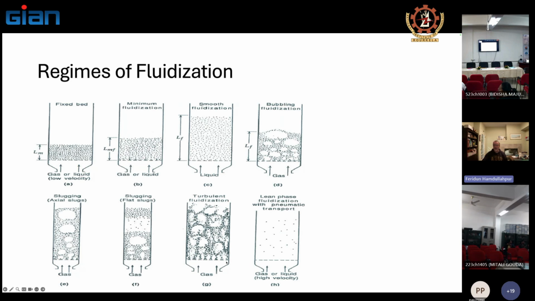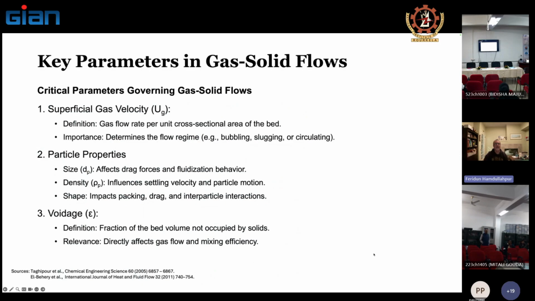Again, we can use both gas and liquid will also help transport particles. So those are the 1, 2, 3 cases. Gas or liquid could be the medium, but in any other case, it is gas only.